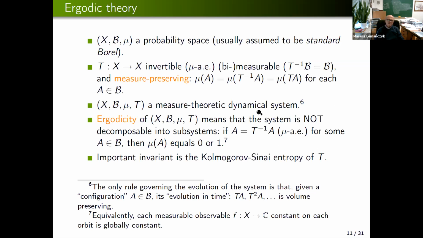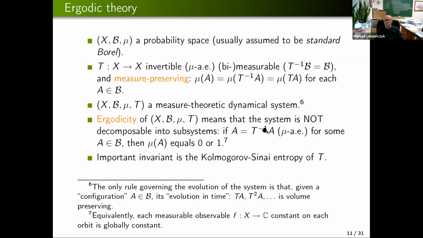Okay, and then these are measure preserving systems, and the basic indecomposability property of such a system is called ergodicity. We don't want to see a subsystem in a non-trivial way.